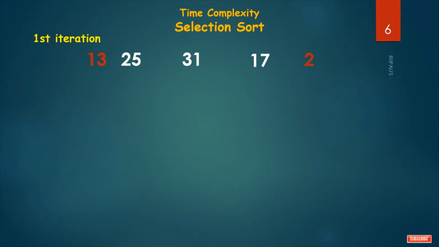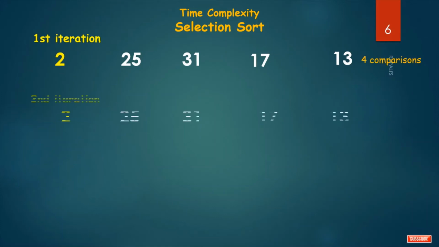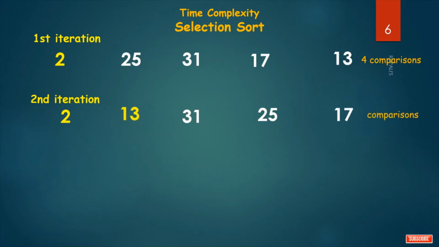So the total number of comparisons is 4. In the second iteration, you have to compare with the second place. So the comparisons are 1, then 2, if swapping is required swap, then 3, if swapping is required swap. So the total number of comparisons is 3.